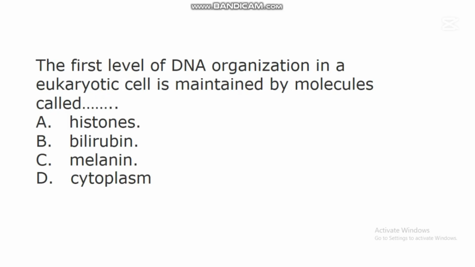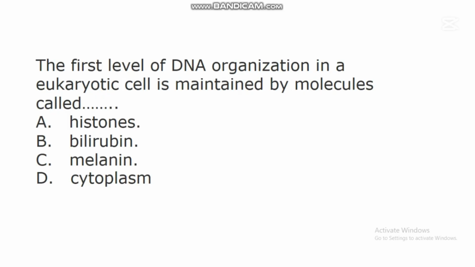The next question says, the first level of DNA organization in a eukaryotic cell is maintained by molecules called dash: A. Histones, B. Bilirubin, C. Melanin, D. Cytoplasm.